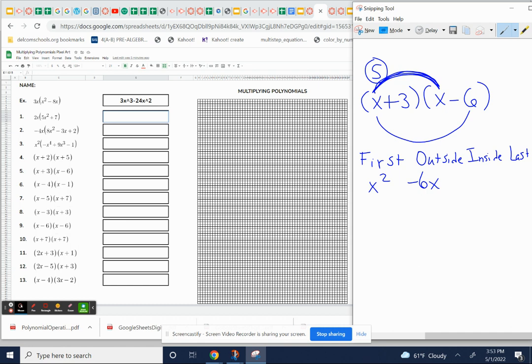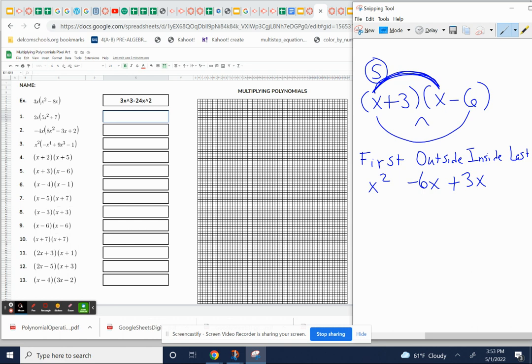Now the inside is multiplying the two pieces in the middle. So I have a positive 3 times an x. If I multiply those together, I get positive 3x.